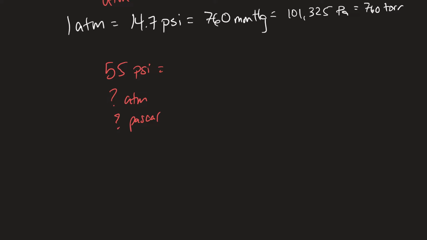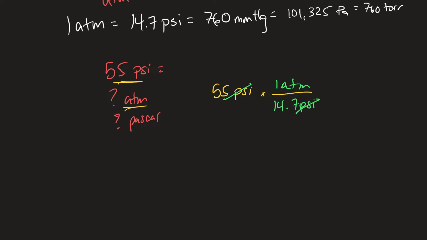We're starting with 55 psi, so I'm going to write that off to the side. We're going from psi to atm. What's the relationship between psi and atm? We know that for every 1 atm, there's 14.7 psi. So on the bottom I'm going to have 14.7 psi, and on the top 1 atm, because atm is the unit I want to go to and psi is where I'm coming from.